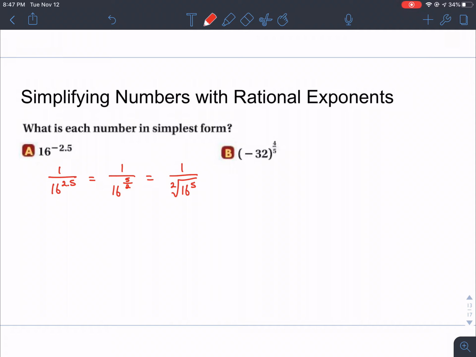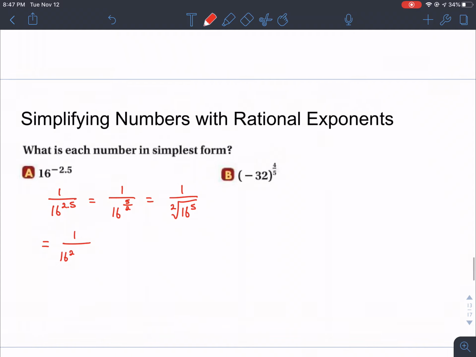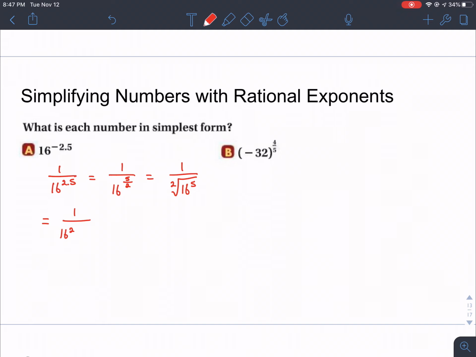That being said, it looks kind of ugly right now, but that's okay. We can pull out 16s as pairs. There are 5 pairs of 16, so I can pull out 2 of those pairs. That's 16 squared out front, which leaves us with the square root of 16 on the inside.